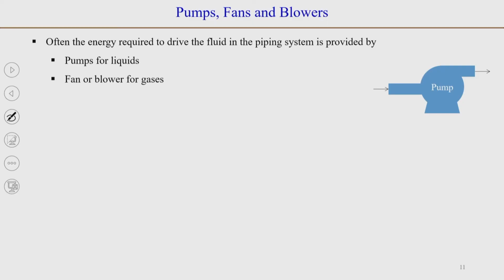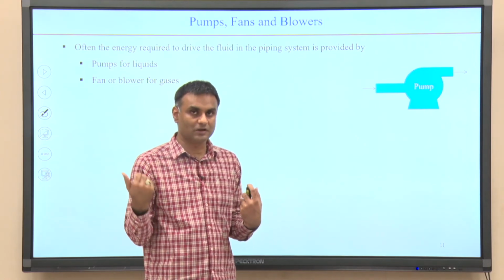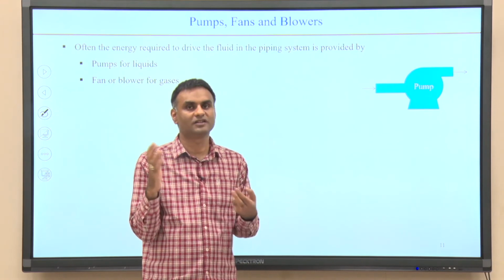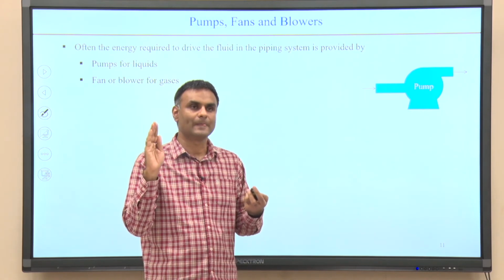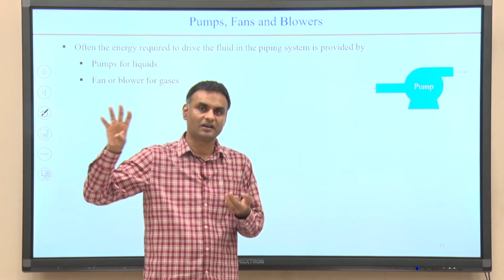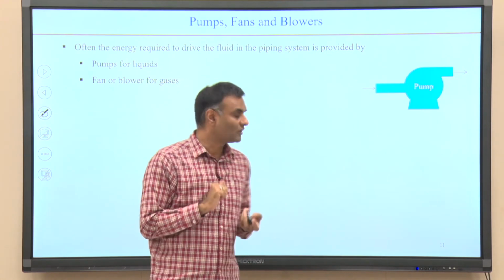So, in a piping system, when you talk about pumps, then you could say that they provide energy, or they provide a negative head loss. So, head loss is basically in your energy equation a kind of sink, and pumps provide a source of energy.